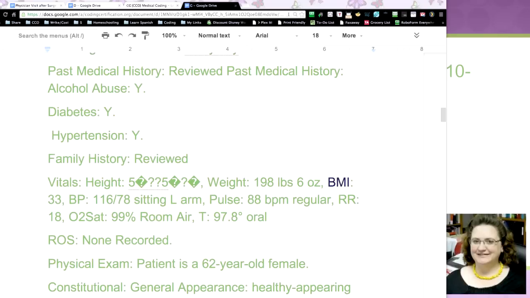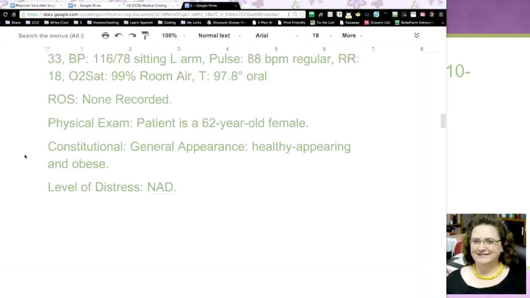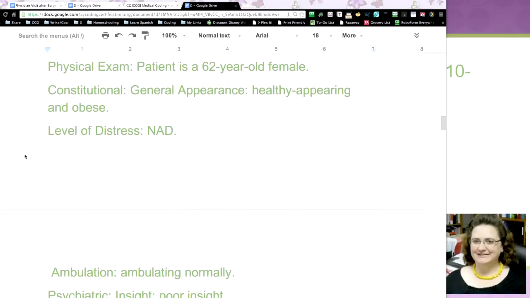Okay, again, patient physician exam. Now, this is where before it was all asking the patient questions. Now the doctor is actually physically examining the patient. So, general appearance, and we scroll down, and look, appearance, healthy appearing and obese.